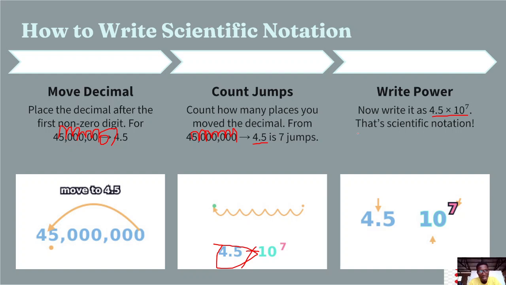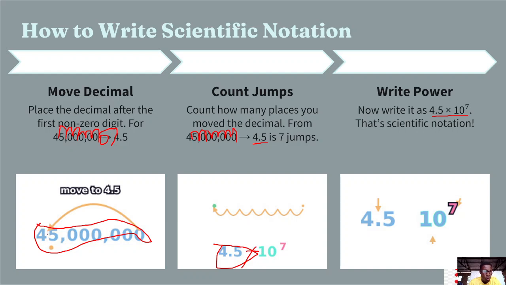So remember, the first word is 45 million. This is it. So the first one is the 45 million, and then we move. You place the decimal point after the first non-zero digit, which is between 4 and 5.